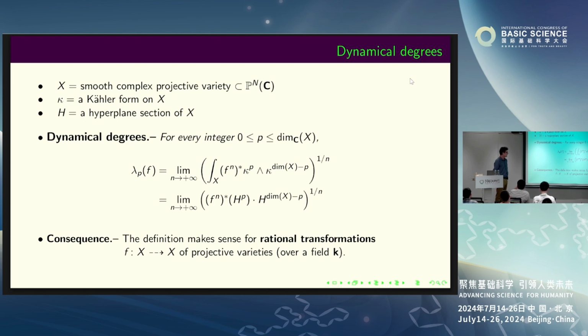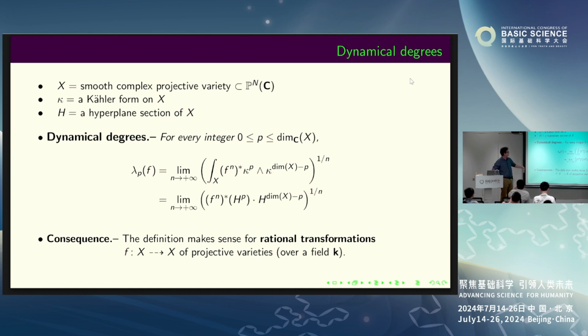And I get this type of dynamical degrees. So in fact, it does not depend on the choice of H. By this, I mean that if you change your embedding of X in another projective space, or in technical terms, you change the polarization, then the number you get at the end is exactly the same. It does not depend.